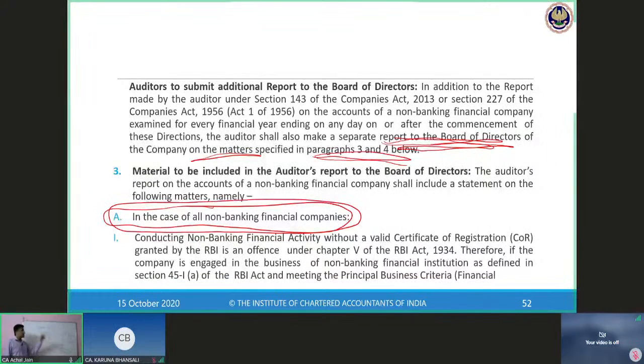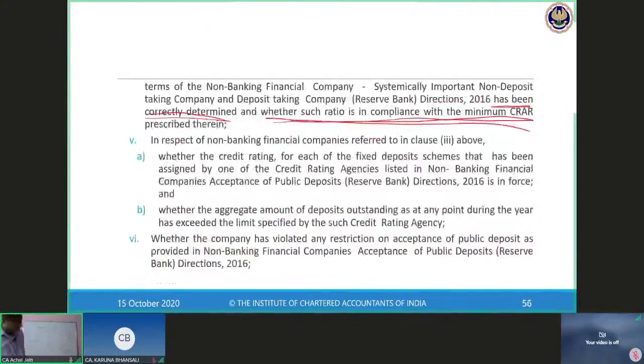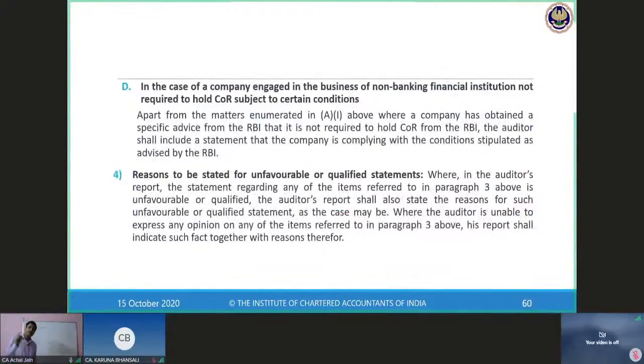So under 3 we discussed what all reporting requirements auditor will have depending on the types of NBFCs. Correct? Now we'll look at the requirement of point number 4, which will be considered by the auditor for reporting to the board of directors.